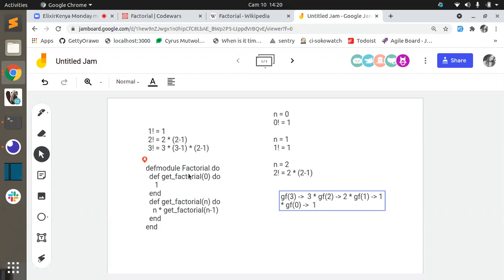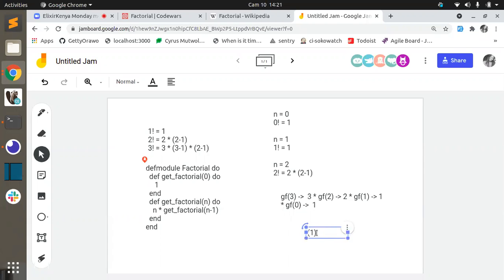So in this case, we get 1. So will our function return 1? Not really. So we have to evaluate this from the innermost function going outwards. So in this case, we have the GF with 0 is 1, right? Yeah. Let's put that in brackets. 1.